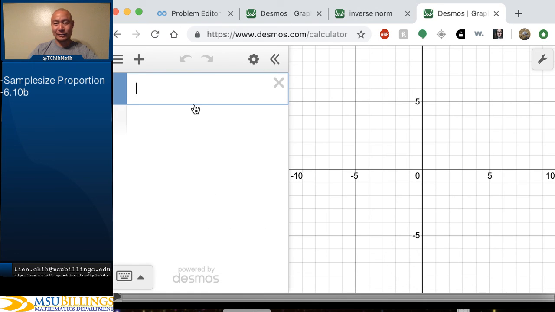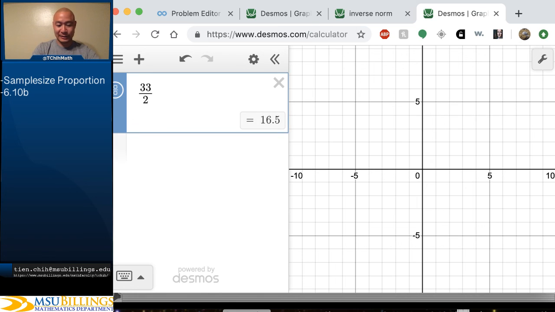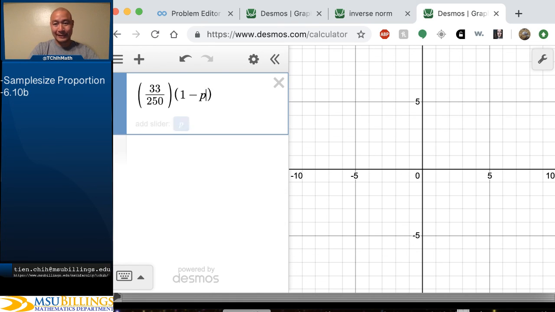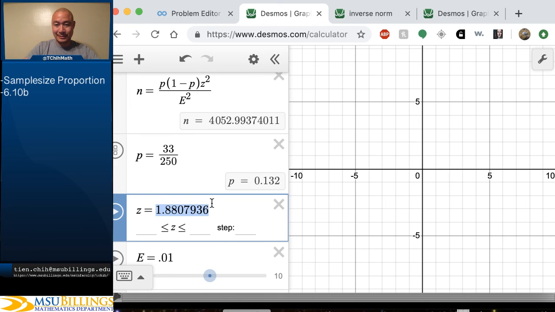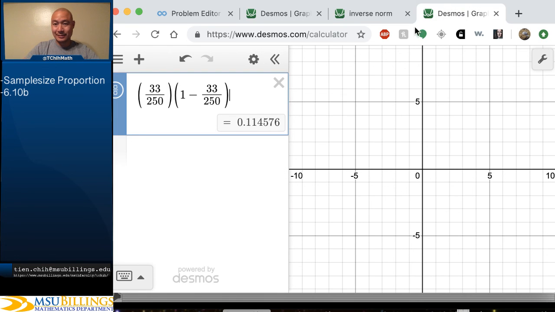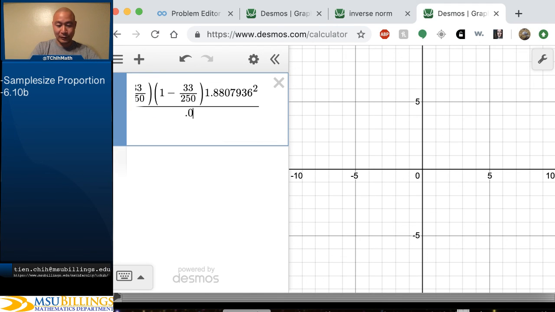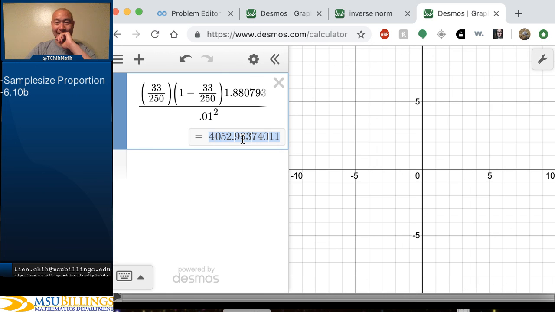If you didn't want to set up a general expression, we could have said 33 out of 250, that's p, 1 minus p, 33 out of 250, times z squared divided by 0.01 squared. But that gives us the same expression either way, right?